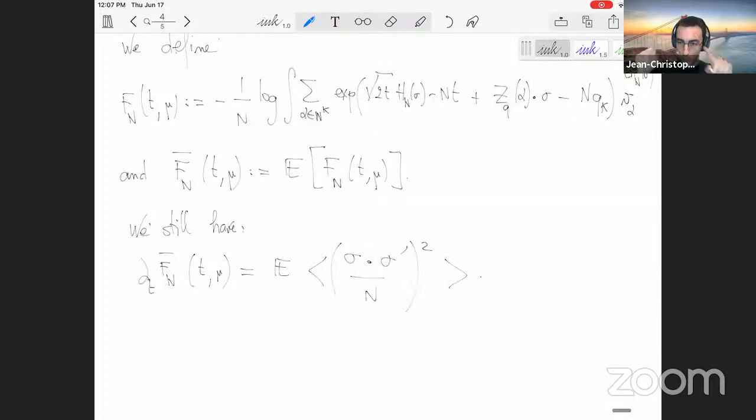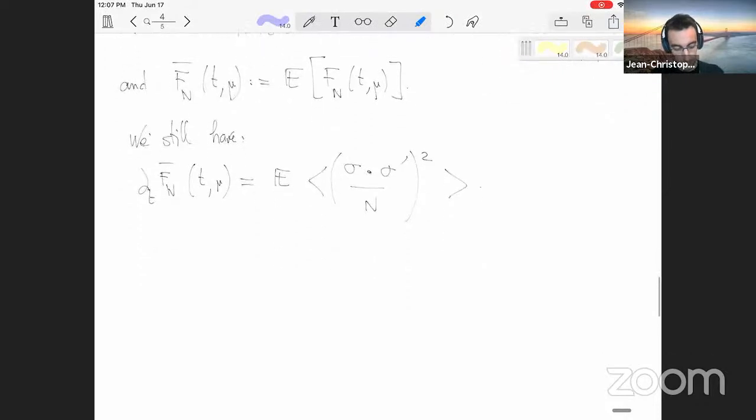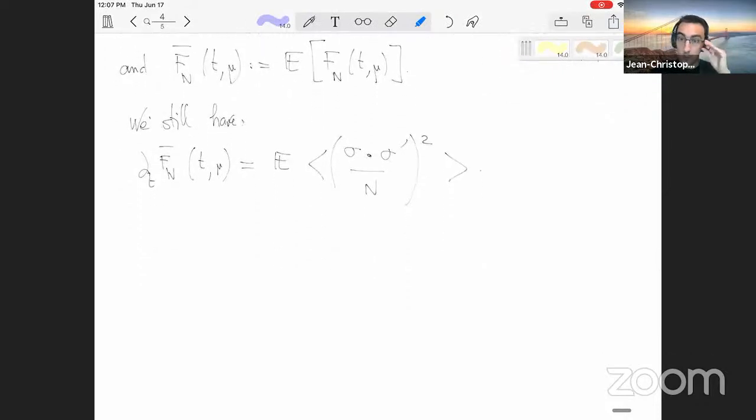Now the bracket denotes the Gibbs measure with respect to our new energy function, this big one. So the calculation is exactly identical. And now, hopefully, we have gained something when we look at the derivative with respect to the qk's.